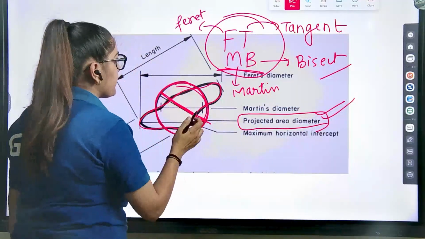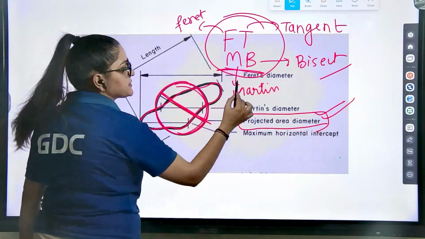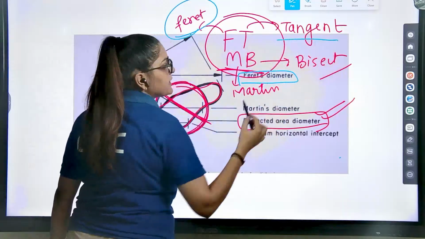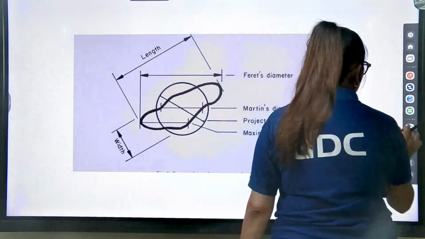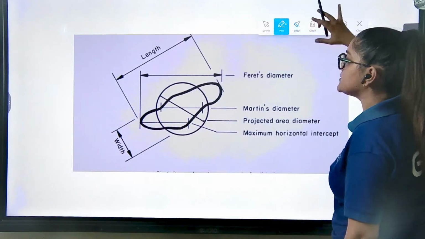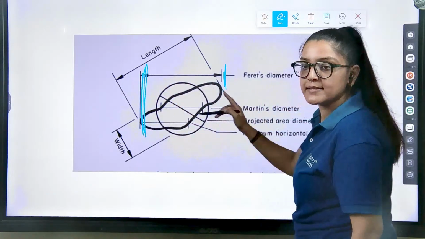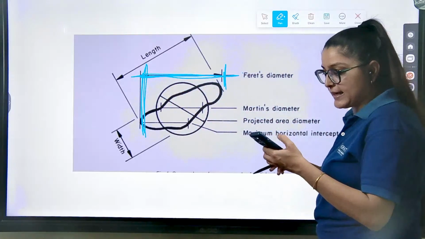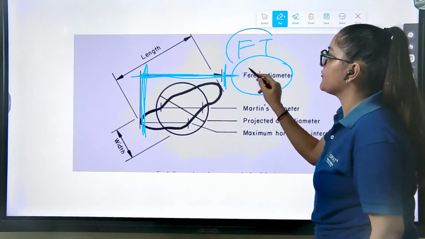You have already seen the projected diameter. Let's spot the Feret's diameter. As mentioned, Feret stands with the tangent. Now I think it is clear. Feret's diameter is the distance between two tangents. You can see the particle ending here. So it is the distance between two tangents, FT.